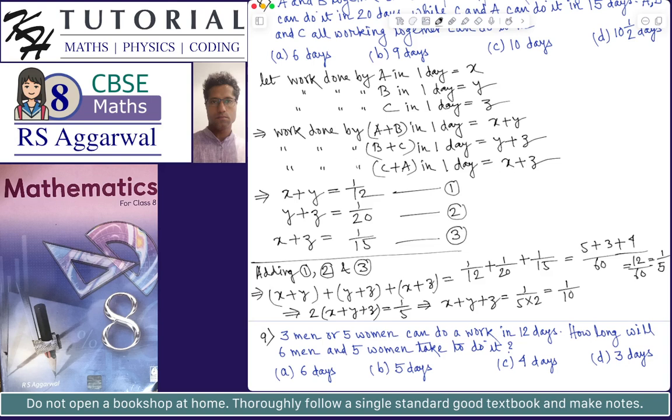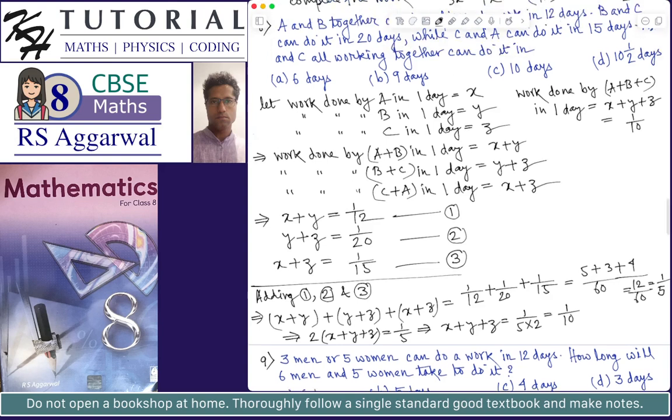Now what is X plus Y plus Z? X plus Y plus Z is the work done by A plus B plus C in one day, which we have found to be equal to 1 by 10.